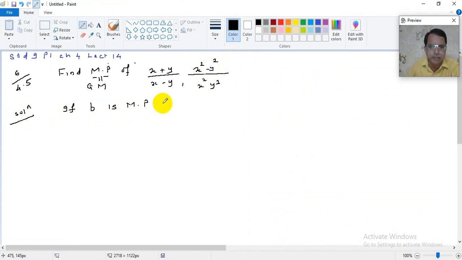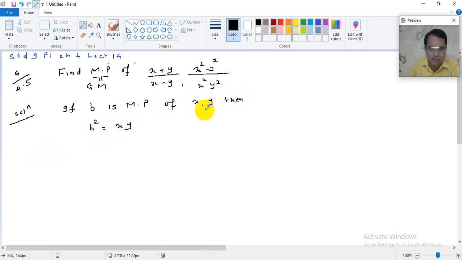If b is mean proportional of say x and y, then what is b? b square is equal to xy. This is the formula. म्हणजेच काय, यांचा मीन प्रपोर्शनल काढायचा म्हणजेच यांचा गुणाकार करायचा.